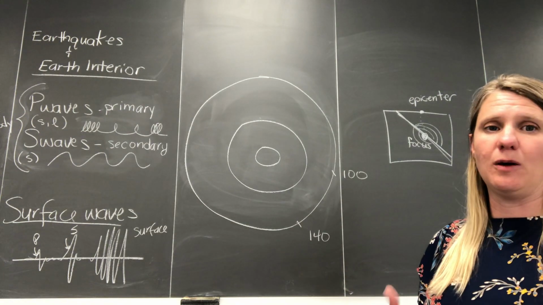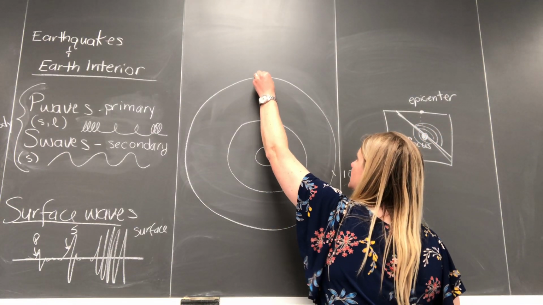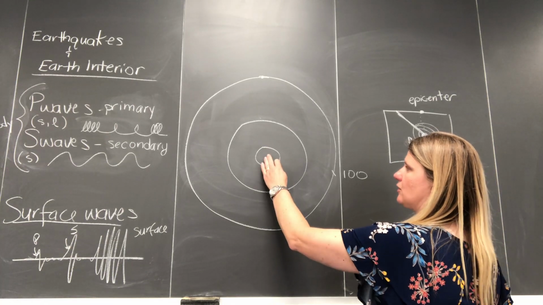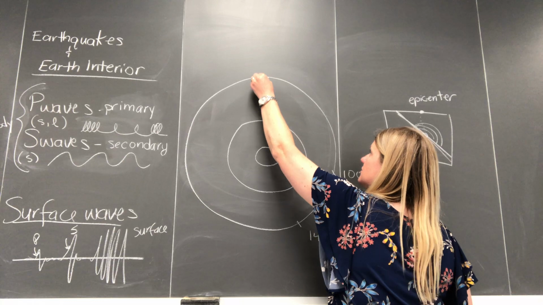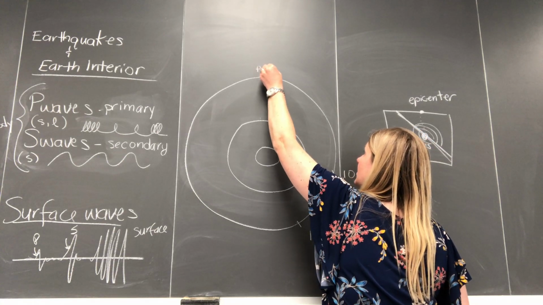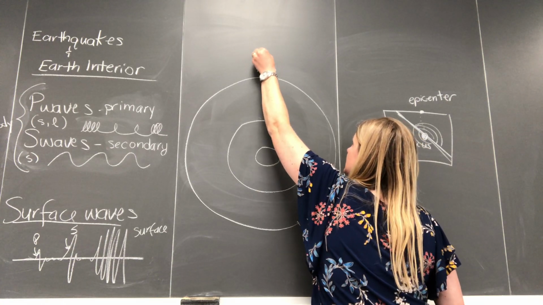So how do we know about what's inside the earth? Well, every time you have an earthquake, so here at the top, this is my side view of the earth. Here's my layers again. I have my inner core, my outer core, my mantle, and my crust. And here, this little star, this is going to be my focus. And again, the focus is down under the ground. Above the focus is the epicenter.